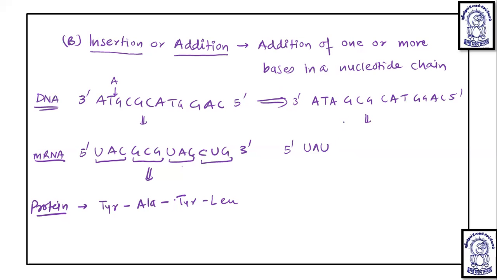Then G will be complementary to C, GC, GU, A, CC, U, and G. This will be the codon. Now this is the first codon, this is second, this is third, this is fourth. Now due to the insertion, the UAU is going to code for tyrosine.